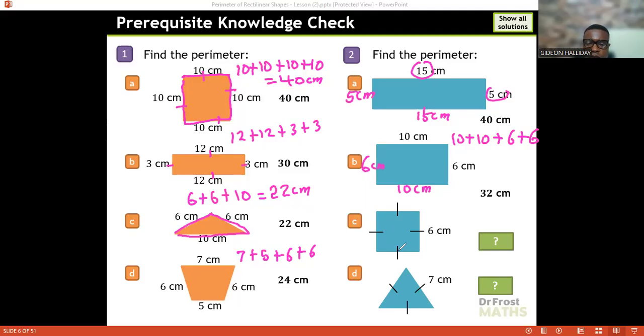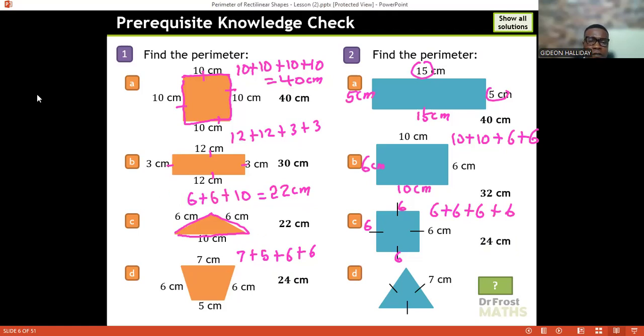So if this is 6, this is also 6, this is also 6, this is also 6. So there are four 6s, right? So that's like 4 times 6. And that equals 24.